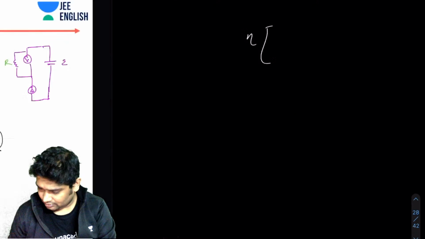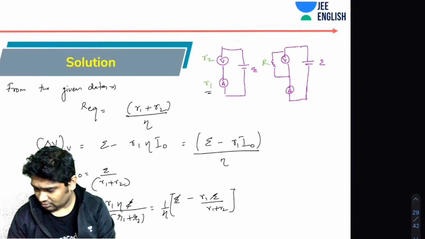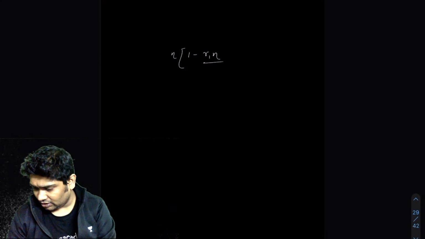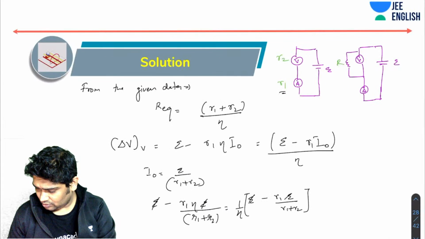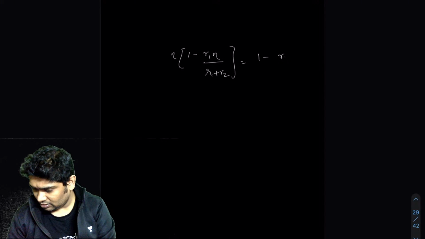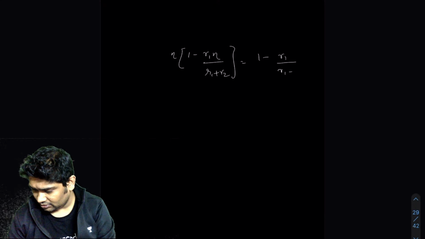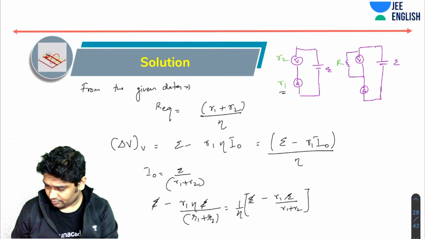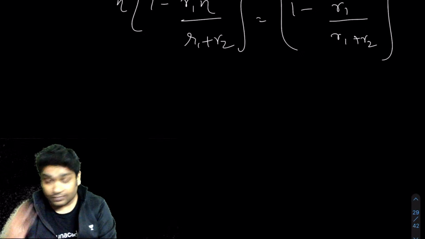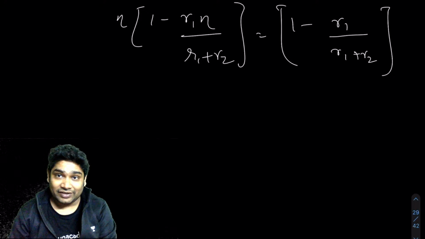Eta times (1 minus R1 over R1 plus R2) equals 1 by eta times (1 minus R1 over R1 plus R2), correct? So again, now I will solve this and find a relation between R1 and R2.